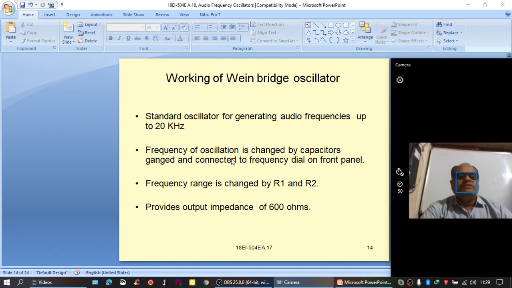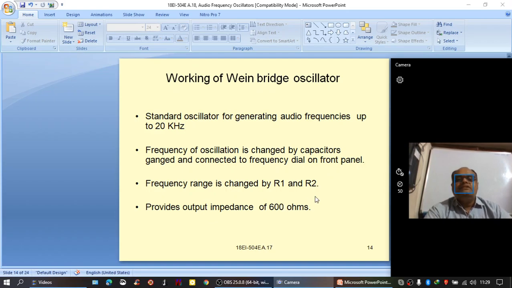Variable capacitors would be used, and those two capacitors are connected together and are given to the front panel dial. So when you change the dial position, capacitance value changes, thereby oscillator output frequency would also change.